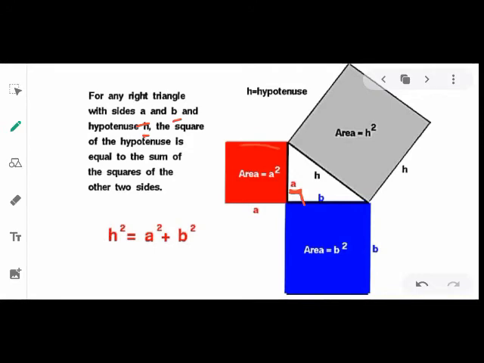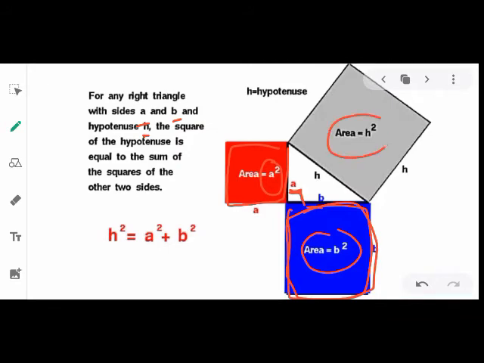I have taken a square with side B, whose area is B square. Another square has area A square, and another square I have taken has area H square.